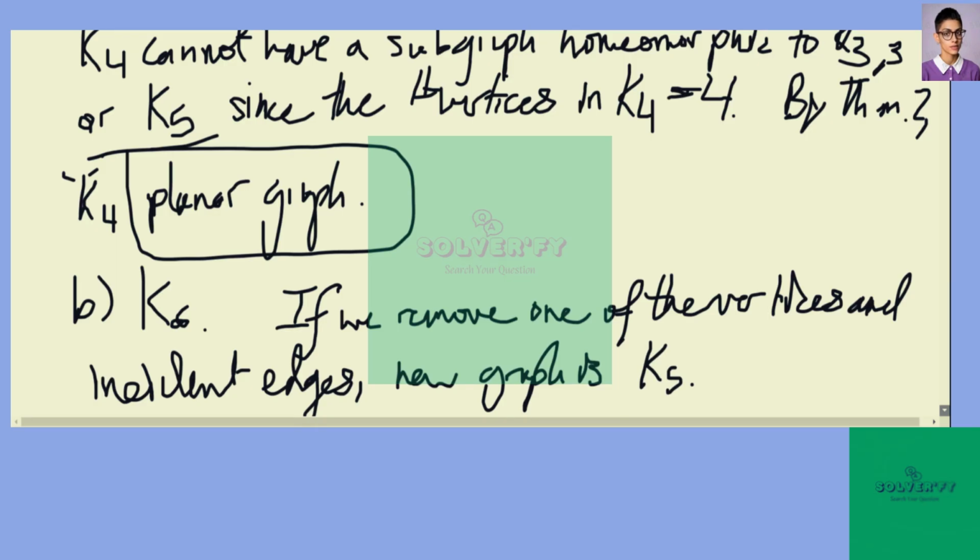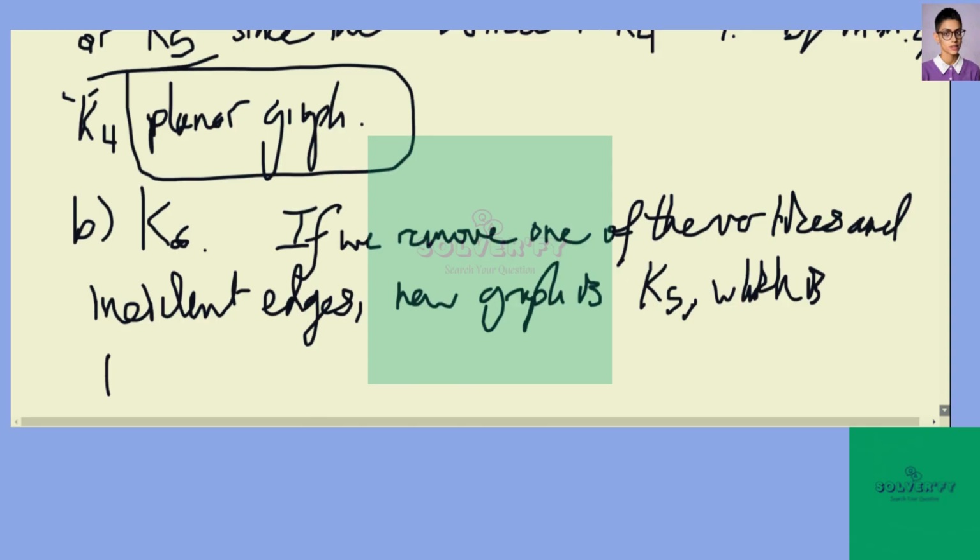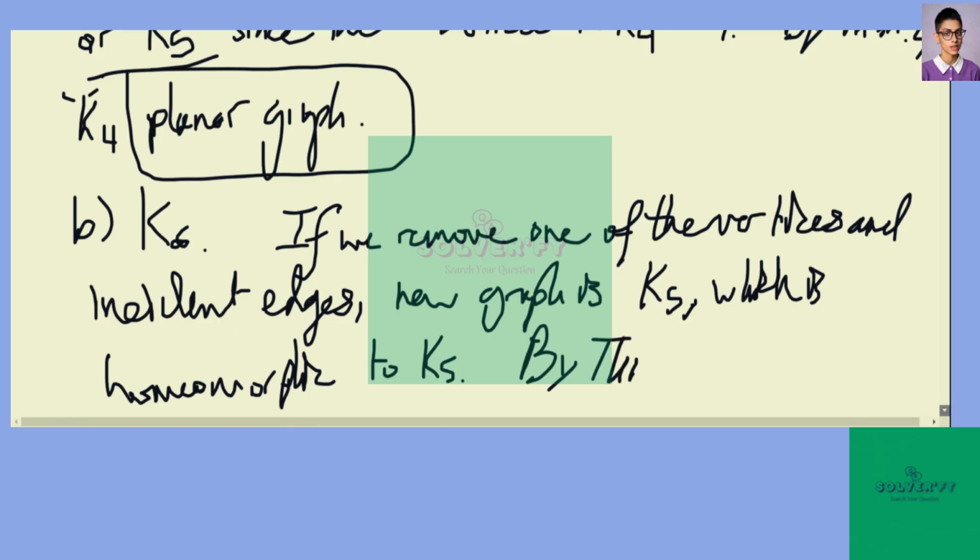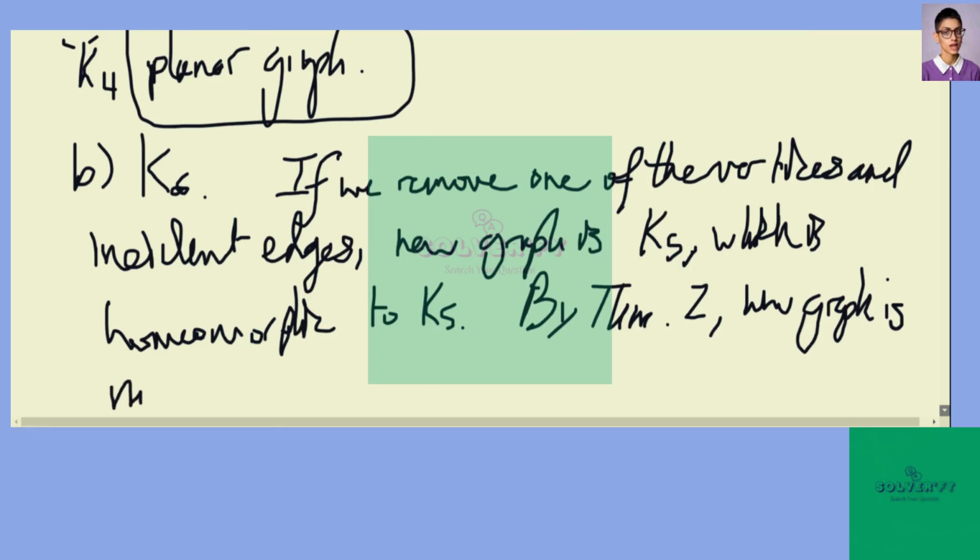And clearly, this is homeomorphic to K5 since it is K5. Therefore, by theorem 2, the new graph is not planar.